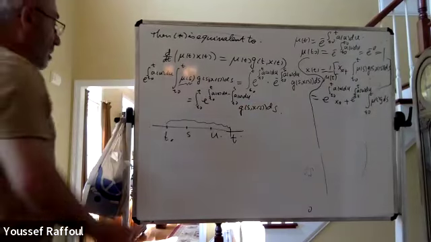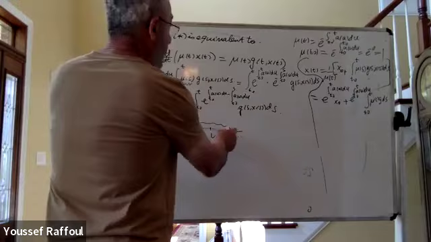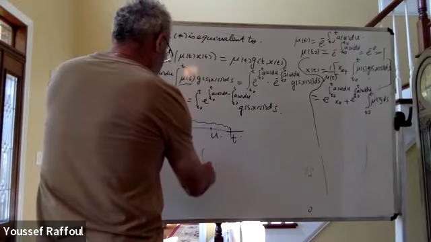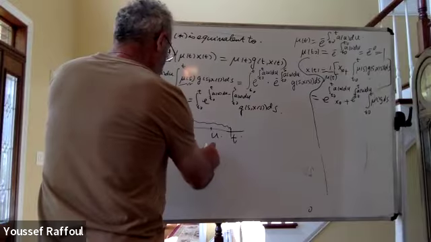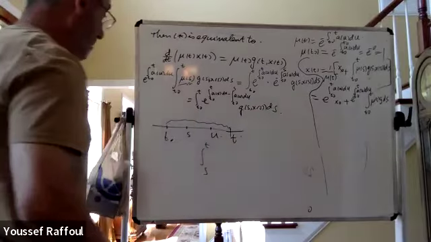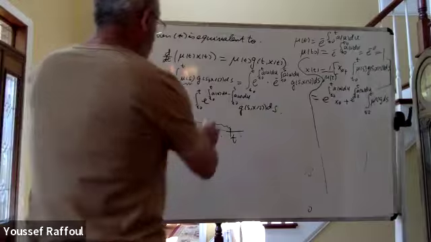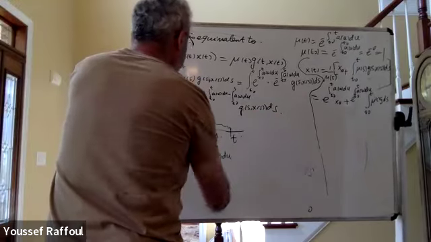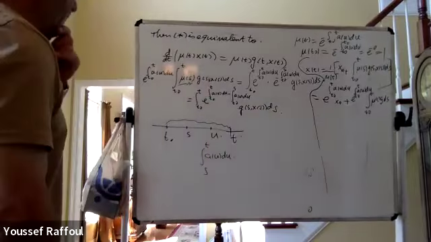So now you go from t naught to t minus t naught to s, so you get from s to t. Okay? So you get the integral from s to t of a(u) du. All right?